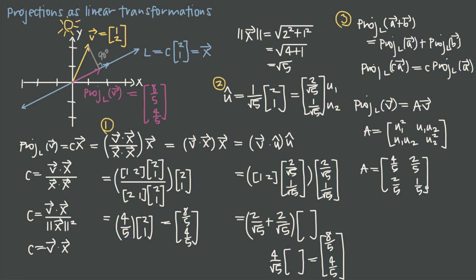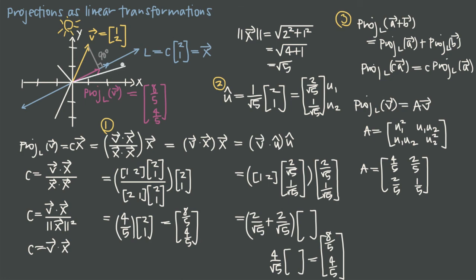And now we have a transformation matrix. The reason that this matrix is so valuable, and the reason why this third method is the best method to use, is because this matrix now will not only transform the vector 1, 2 for us, it'll transform any vector that we want to project onto the line L. So if I come up here with a bunch of vectors, let's say I have this vector, maybe it's 1, 1, or I have this vector, -1, -2, or I have this vector here, which is 3, 1.